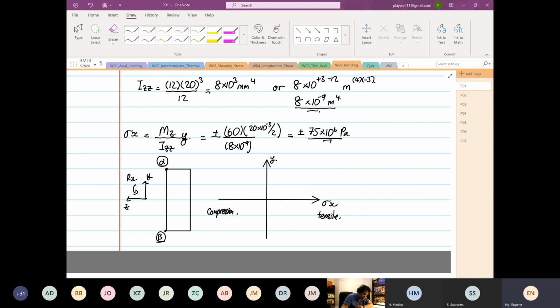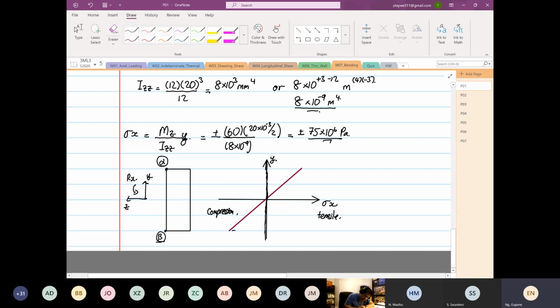So now we sketch here. This is how our stress field will look like. As I mentioned before, this vertical axis represents the material.